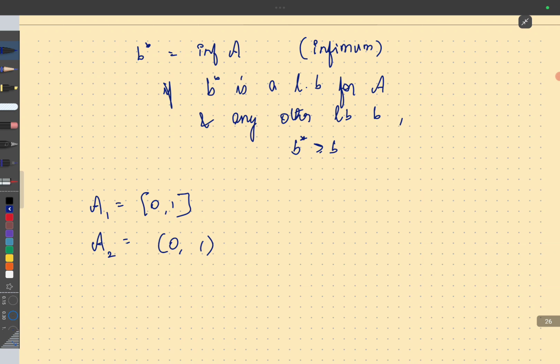In both cases, the supremum is equal to 1 and the infimum is equal to 0, but in the second case, the maximum and the minimum are not well defined, but the supremum and infimum are. That's the reason why we use the supremum and infimum, because even if a set does not have a maximum and a minimum, the supremum and infimum are always well defined.